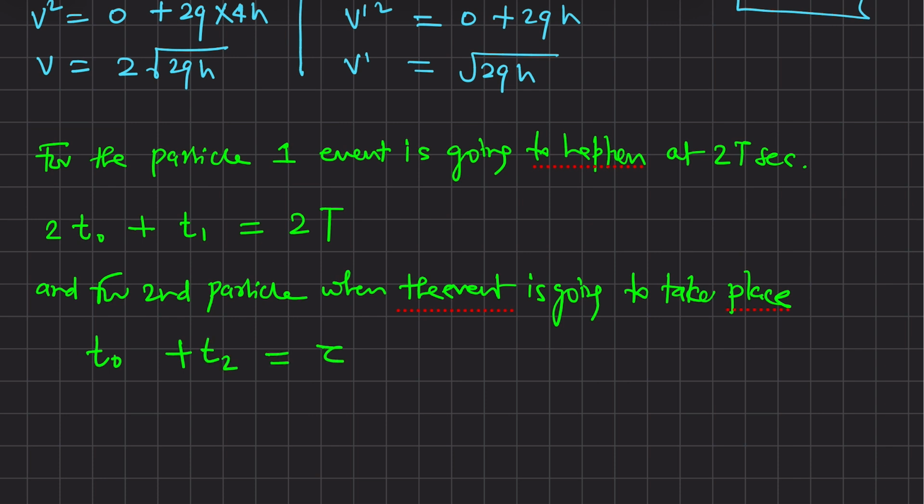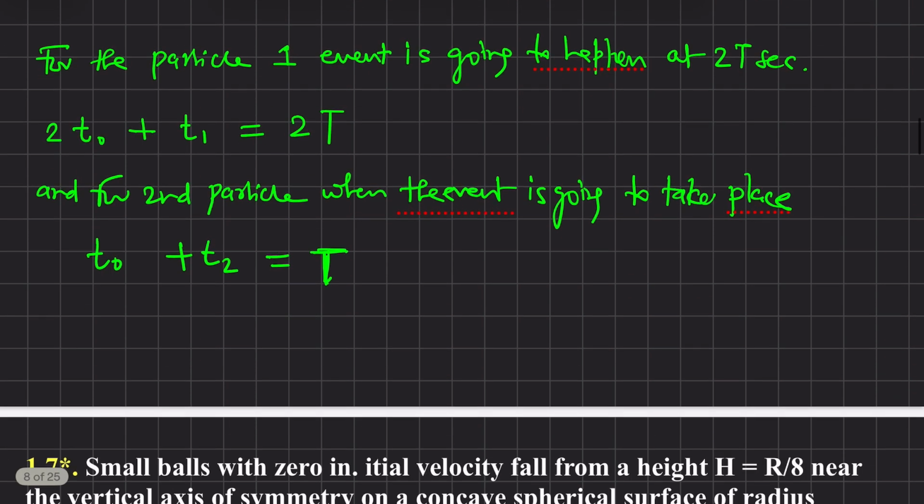So it is happening after tau seconds from the start of its motion, when they both have the same velocity. Sorry, I'll make it t only. So t naught plus t2 is equal to t, and 2t naught plus t1 is equal to 2t. Now let me add one more page.